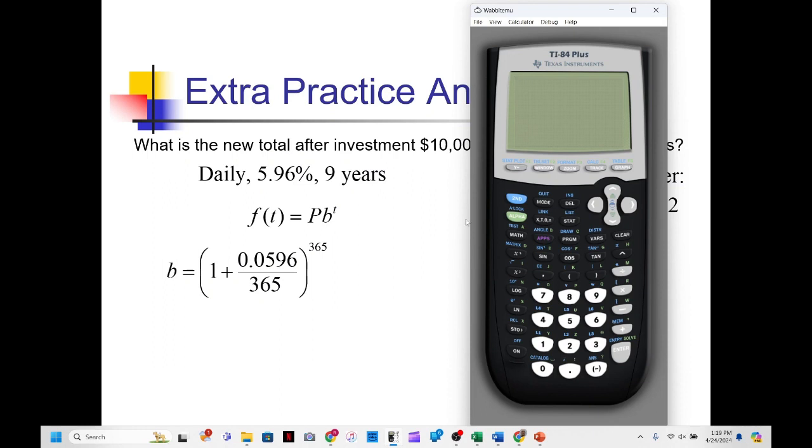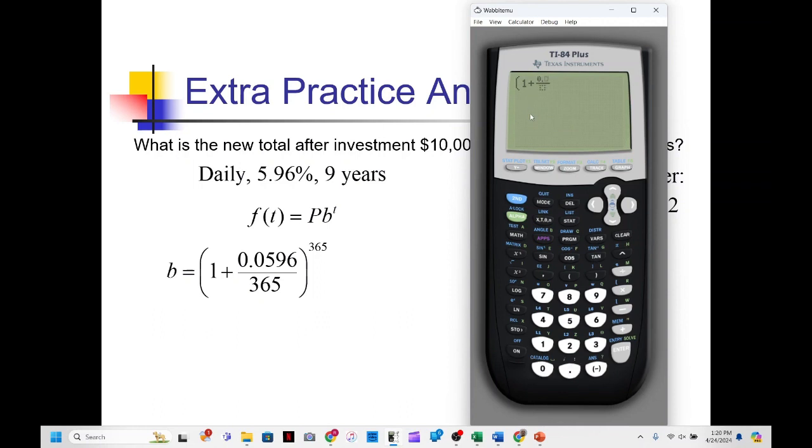Because this is my first time doing one of these on this particular video, I'm going to show you an easy way to take this into your calculator. So we've got a parentheses, and then 1 plus, and then I'll do a fraction. If you have one of these graphers, you can do alpha y equals and then n over d to get a fancy fraction mode. If not, you can just use a parentheses with division inside, and it will also do the job.